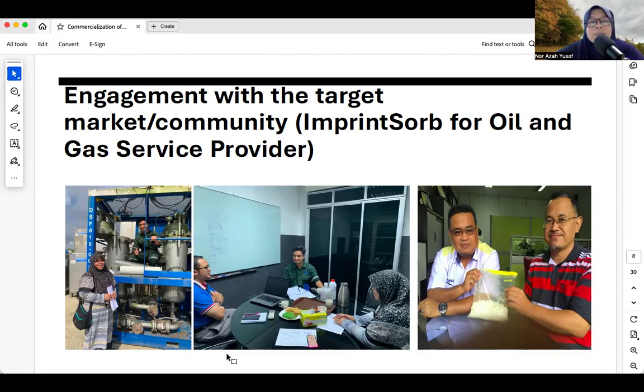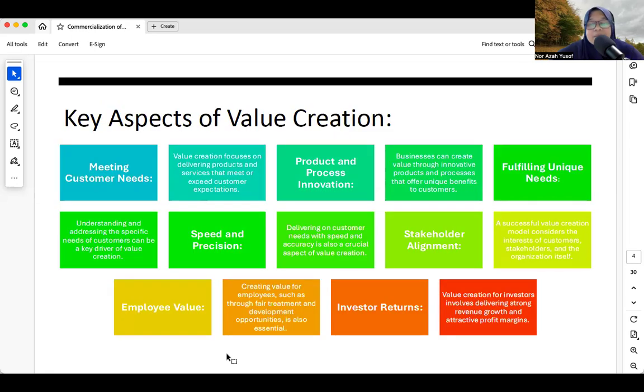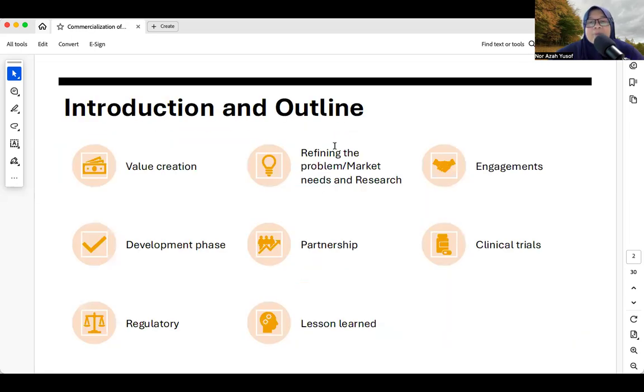Once I understand their needs, you can go back to the design, because sometimes whatever you have right now does not meet their standard. So you need to go back, refine the problem, understand the market, then try to recreate the value. Without meeting them, without understanding their needs, there's no way that you can create a value.